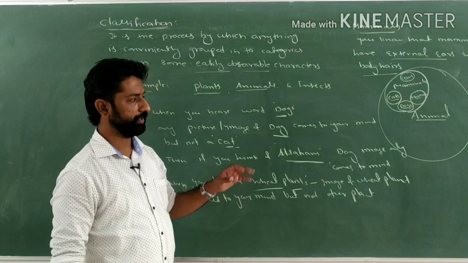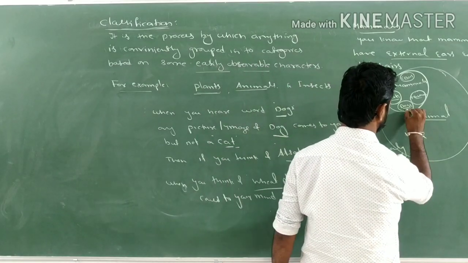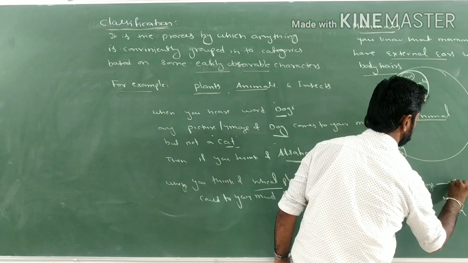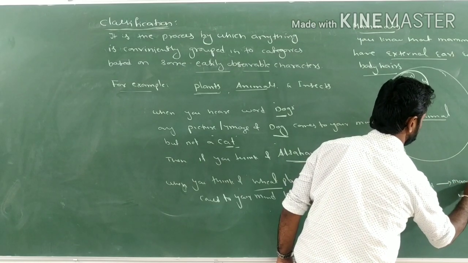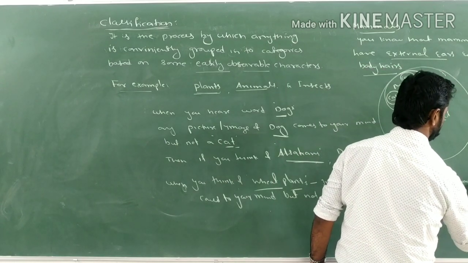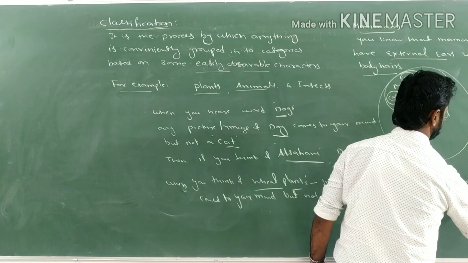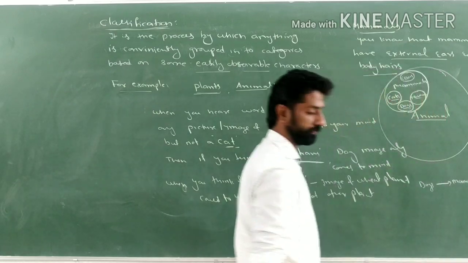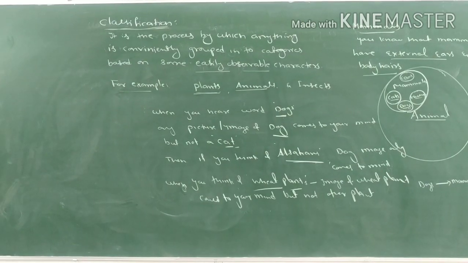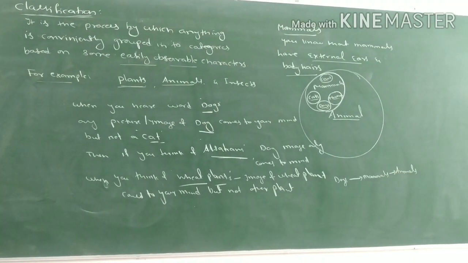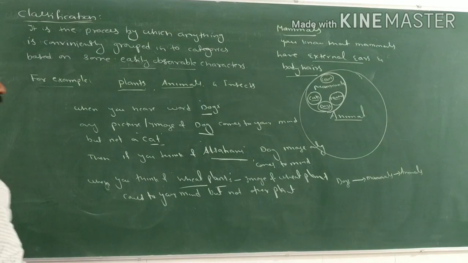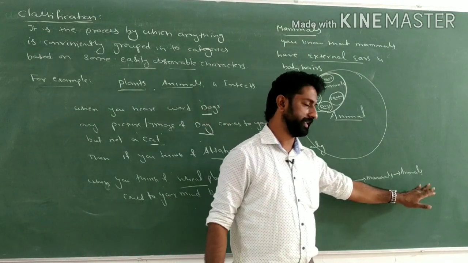So what we have to understand here is that all dogs belong to mammals. And mammals belong to animals. All mammals belong to animals. Right? What is the meaning of that? See, all dogs come under mammals, and all mammals come under the animals.